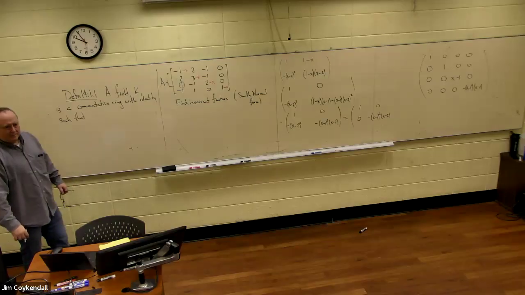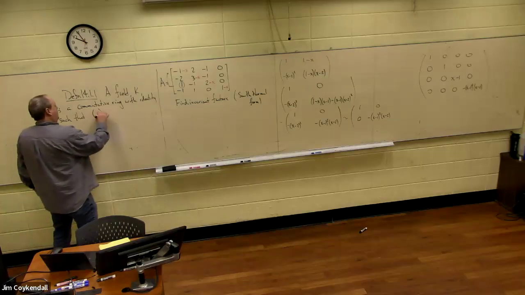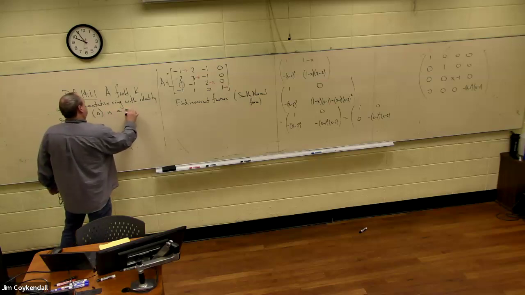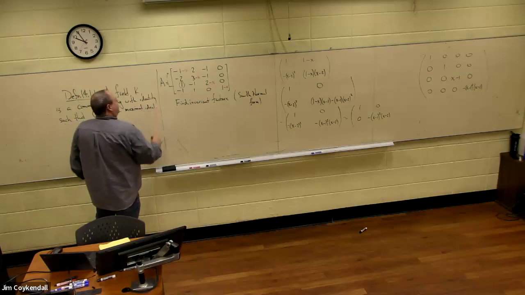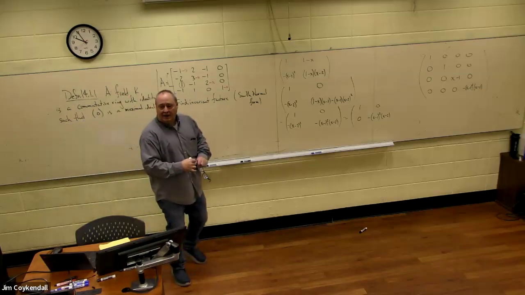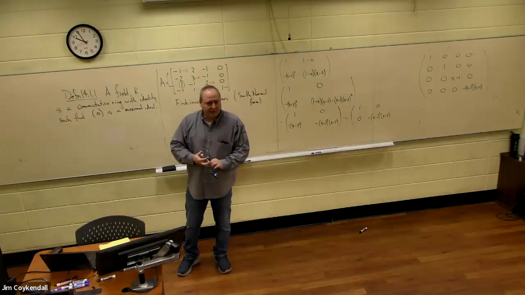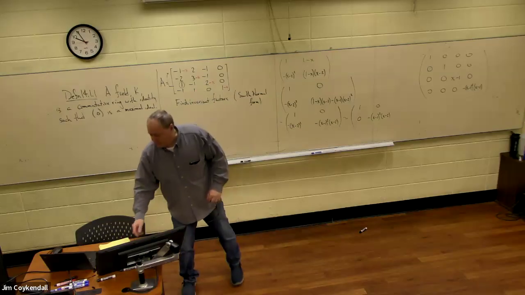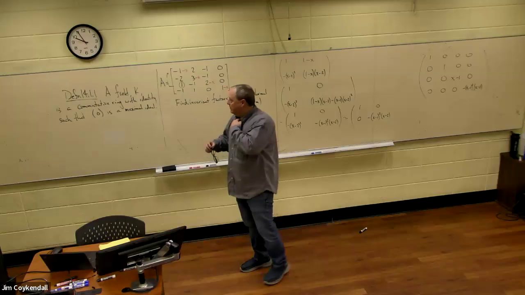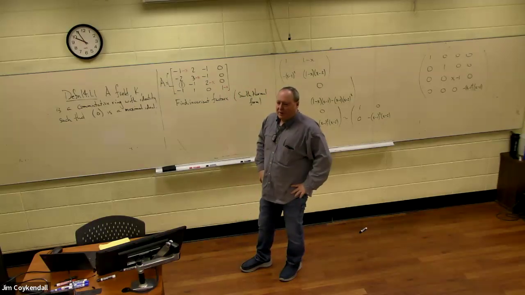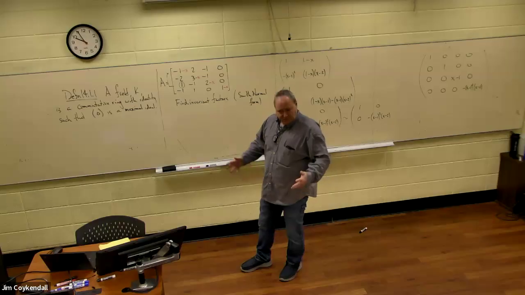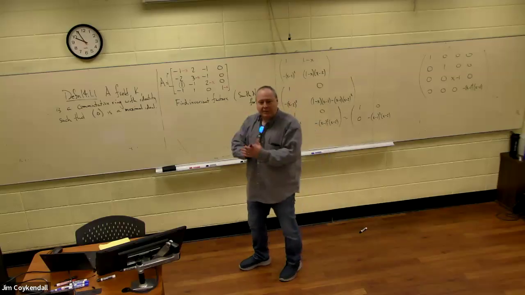Where 0 is the maximal ideal. Good. So an ideal theorist might think of fields as very boring because 0 is the only proper ideal. But it gives a rich structure because fields are where the units are important. Everything's a unit. So we will pick up there next time.